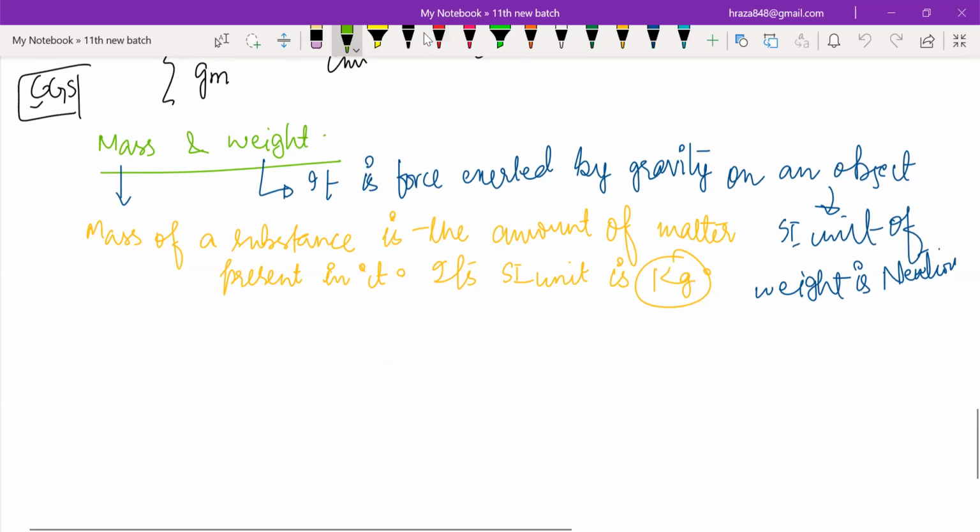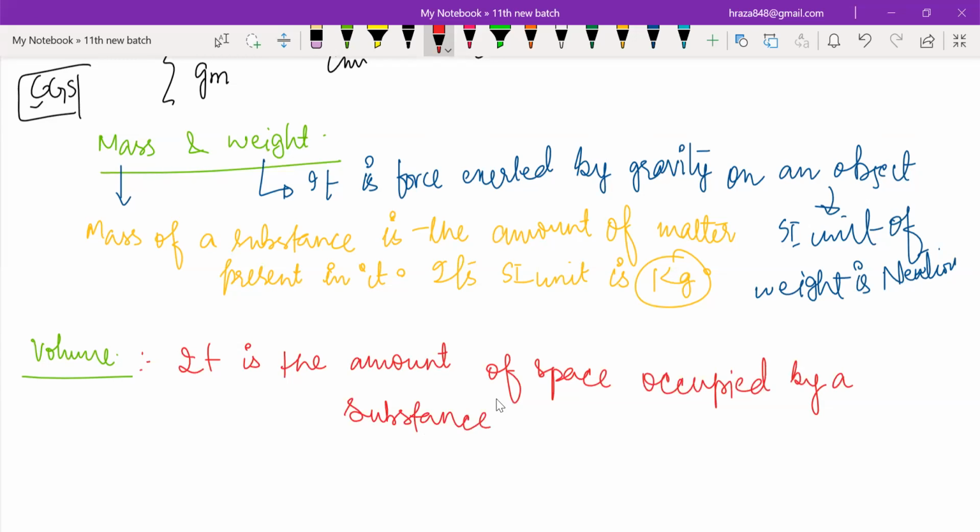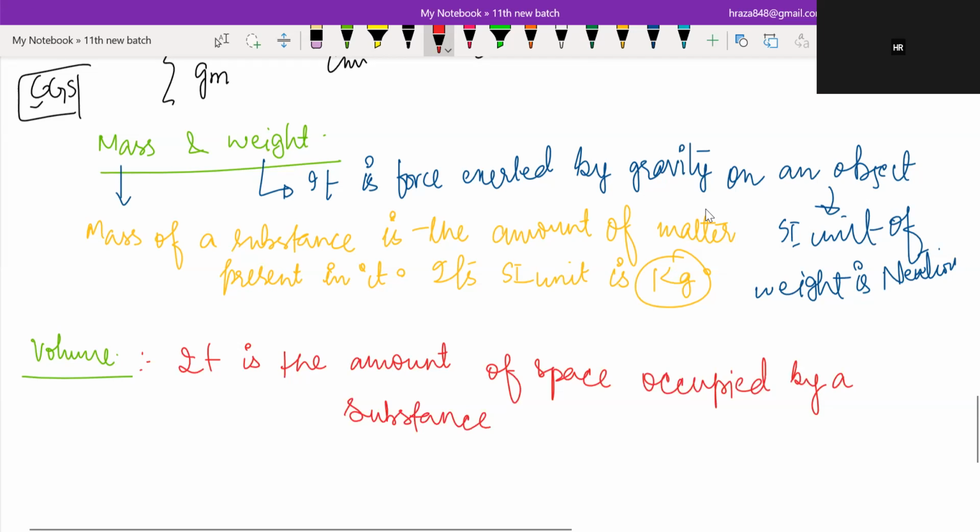Okay. So, Arnav, am I audible? We will talk about volume. What is volume basically? It is the amount of space occupied by a substance. There are a lot of units, but generally we will be asked to write the SI unit.